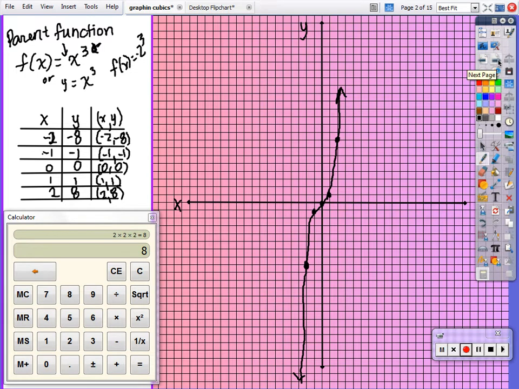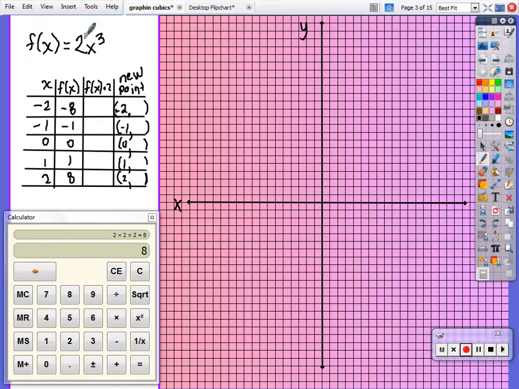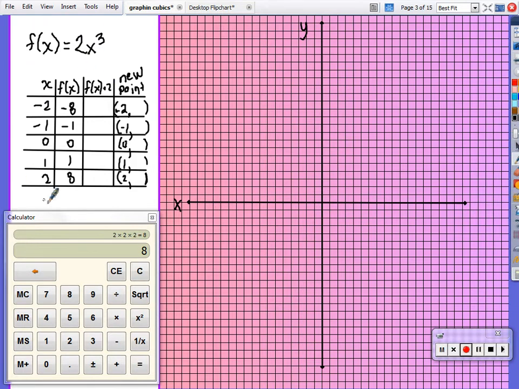Now we're going to start adding things to it, or multiplying strange things to it. Here's our parent function from before, which I've got memorized: (-2, -8), (-1, -1), (0, 0), (1, 1), (2, 8). And I'm going to multiply my answers by 2. My x cubed is -8 times 2, so that gives me -16.